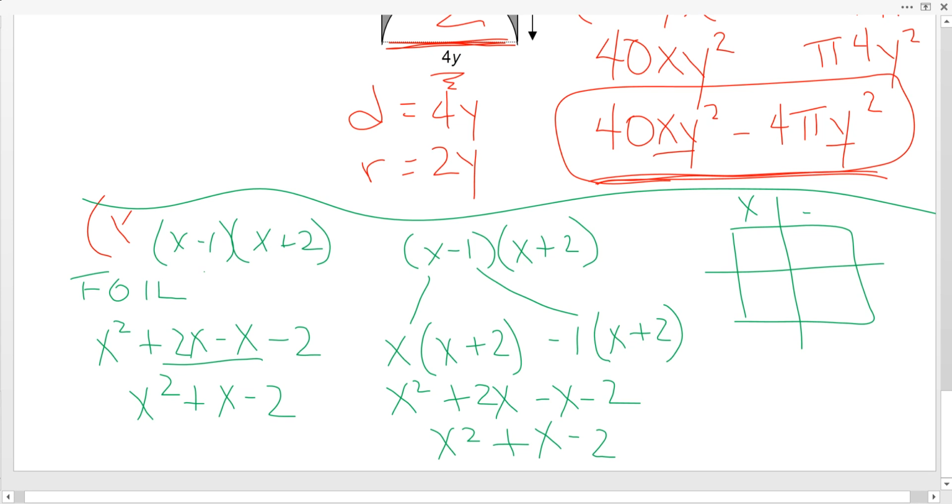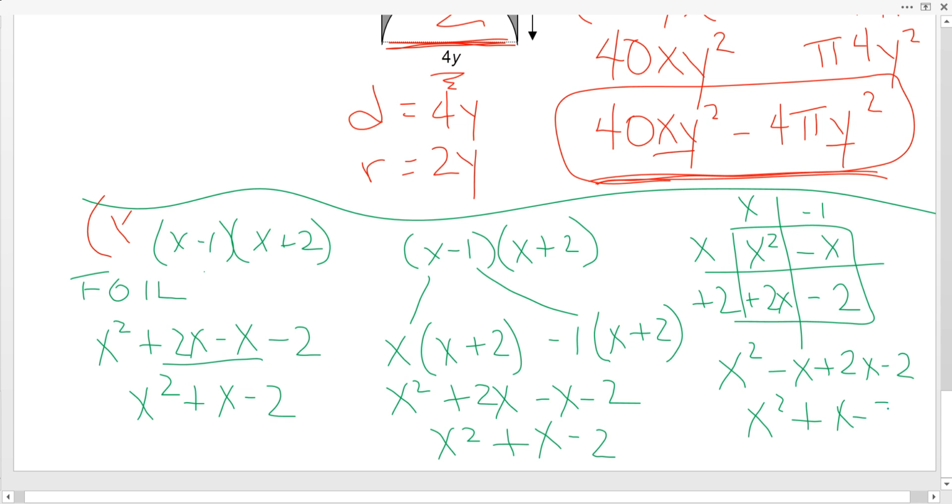X minus 1, x plus 2, multiply across x squared minus x plus 2x minus 2. Same thing. So 3 different ways to work these problems.